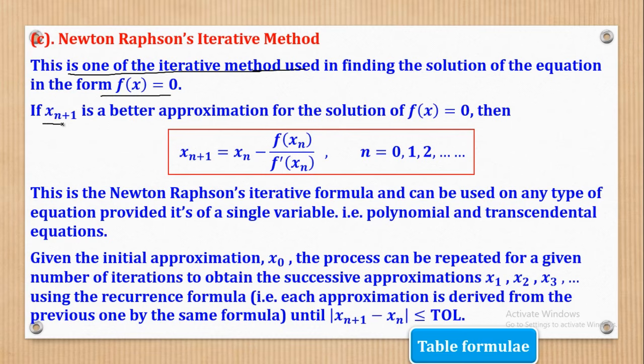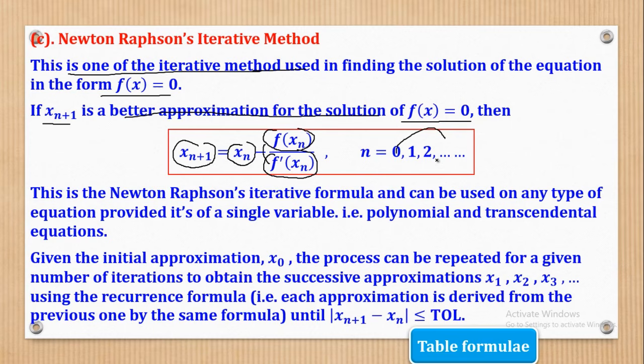So if xn plus 1 is a better approximation of the solution of f(x) equal to 0, it implies that xn plus 1 is equal to xn minus f(xn) divided by f prime (xn). So this f prime (xn) is a derivative of this, and we shall see how it is got, where n starts from 0 and onwards.